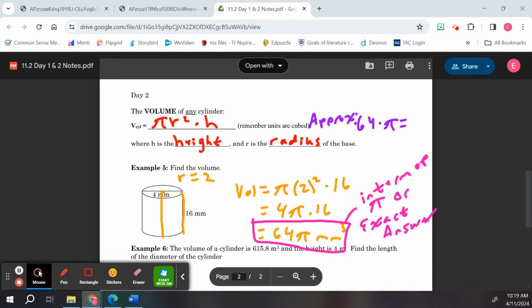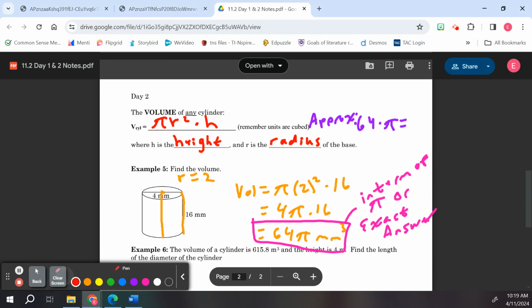You just do 64 times pi. That should give you, I think I got 201.06. This would be millimeters cubed.